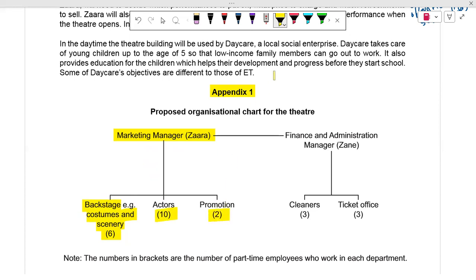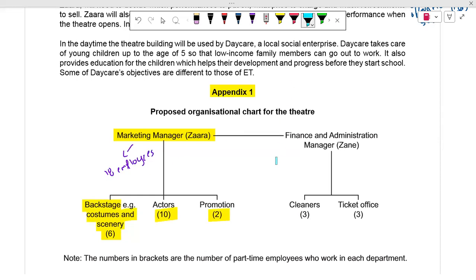and promotional staff is, so this is basically, Zara has a total of 18 employees under her supervision. Okay.